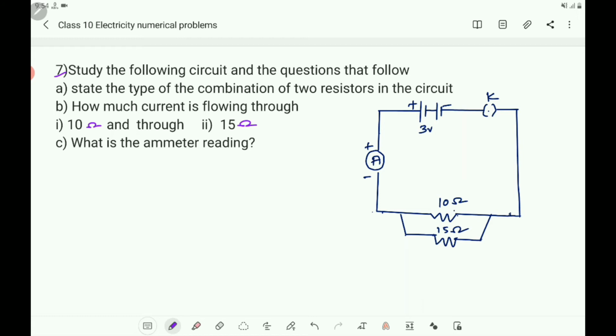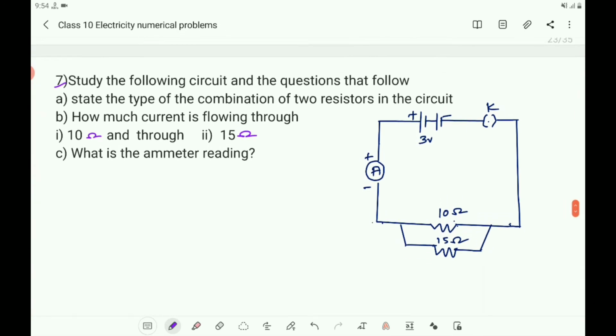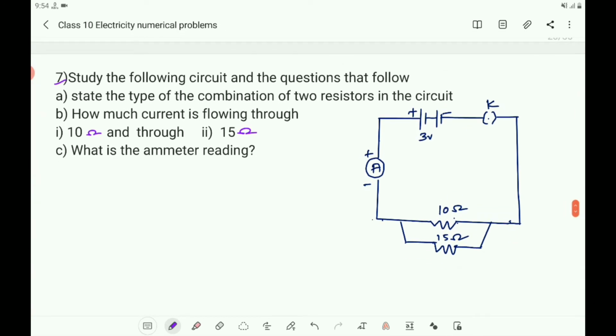So let us take one by one. First, note down what is given, as shown in the figure. V equals 3 volt, and R1 you take 10 ohm, and R2 15 ohm.